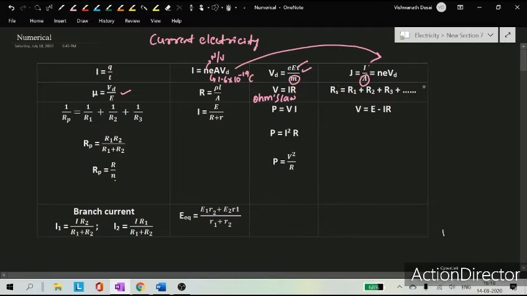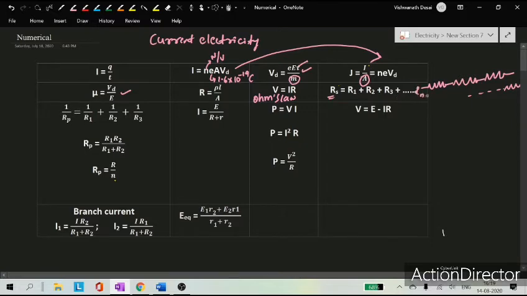And if many resistors are connected in series, so n number of resistors connected in series, then the value of equivalent resistance Rs is equal to R1 + R2 + R3 and so on up to Rn.